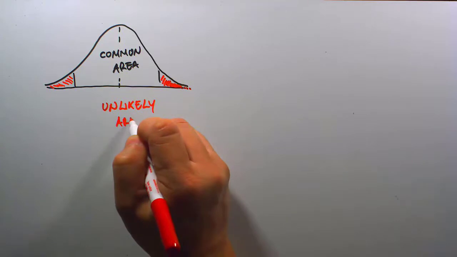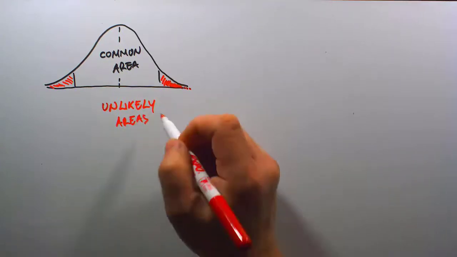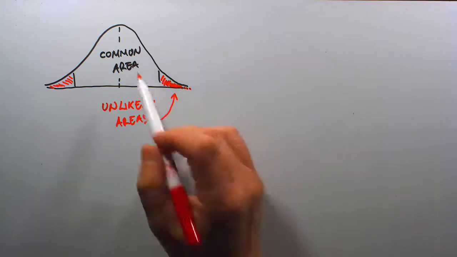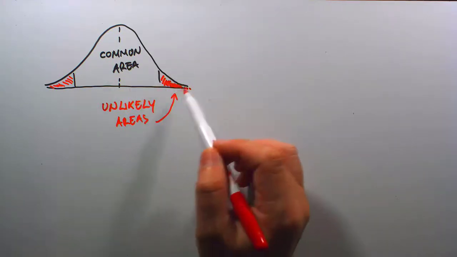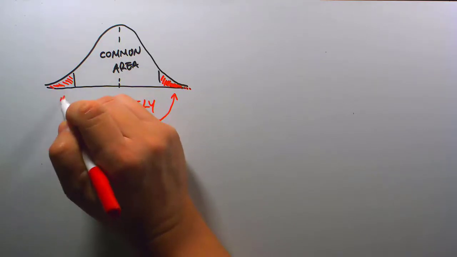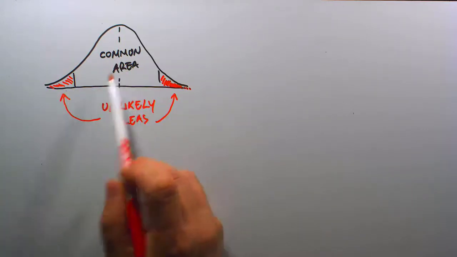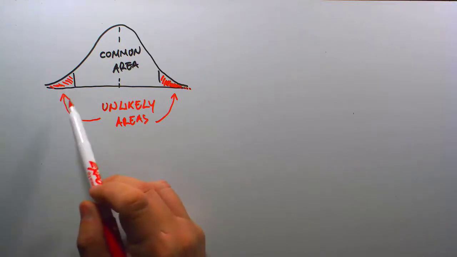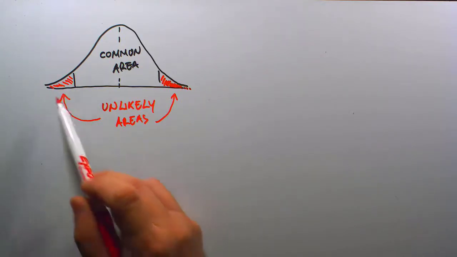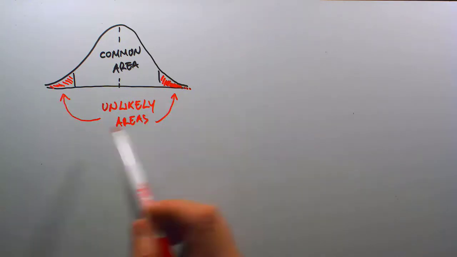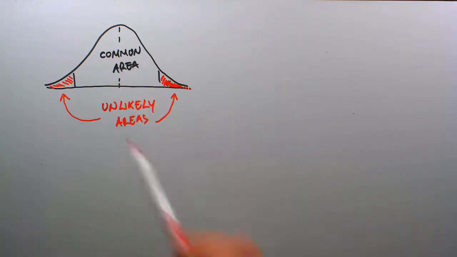Again, there's one in red ink to the right hand side of the common area, which we call the right tail unlikely area. And there's one in red ink outside of the common area on the left tail of the bell curve. We can also refer to that as the left tail unlikely area. There are 2 unlikely areas outside of the common area.